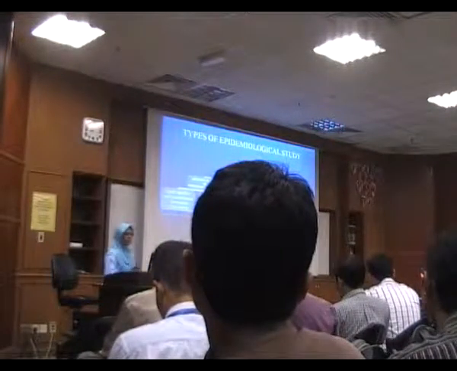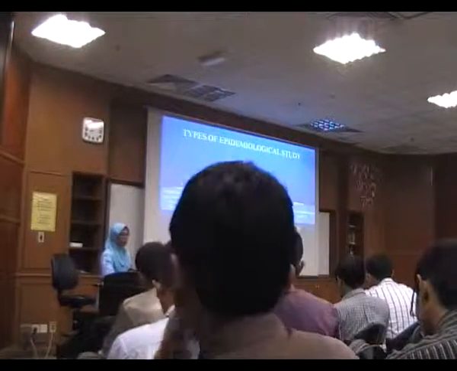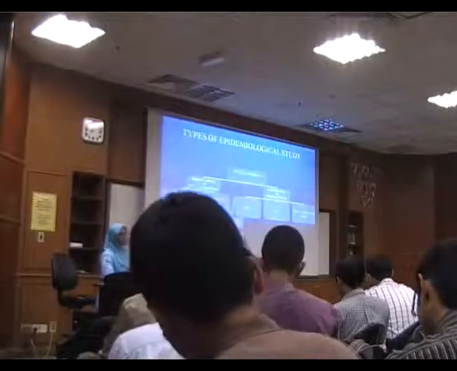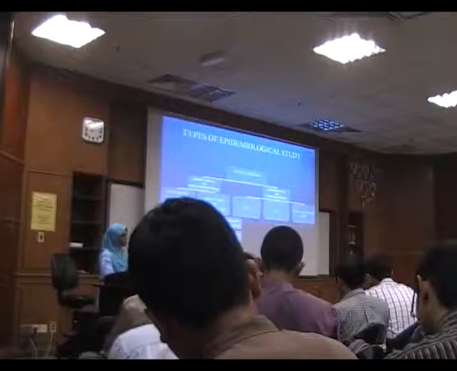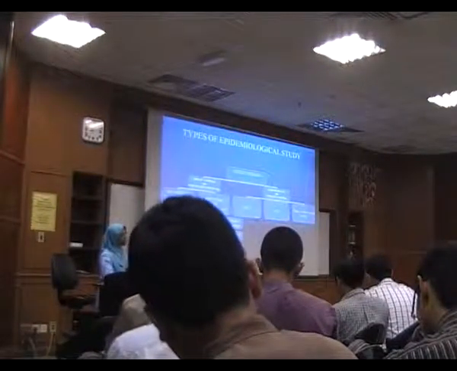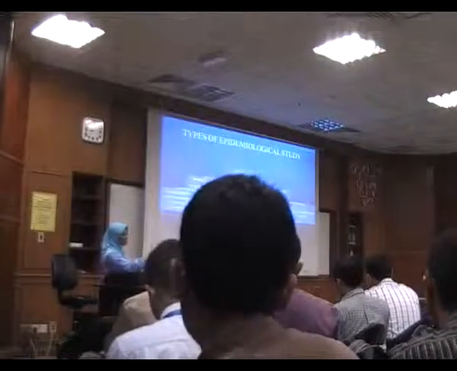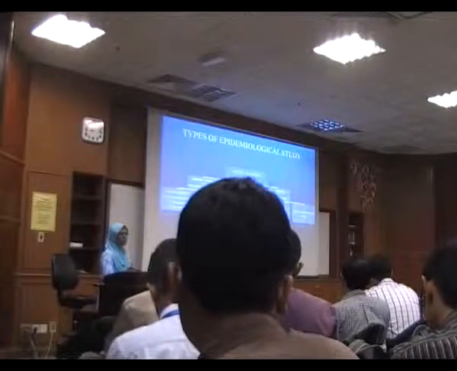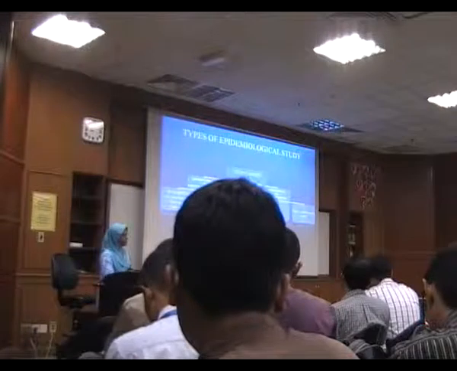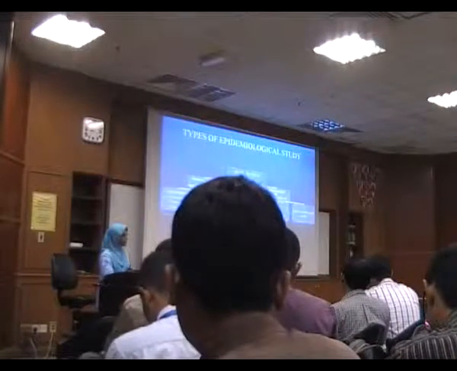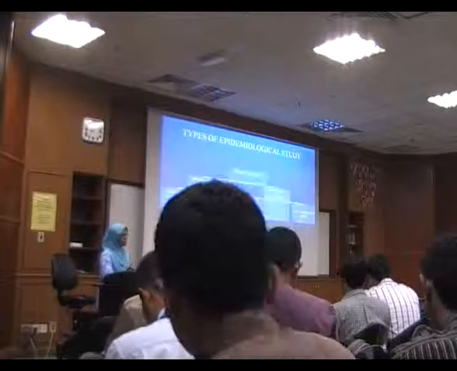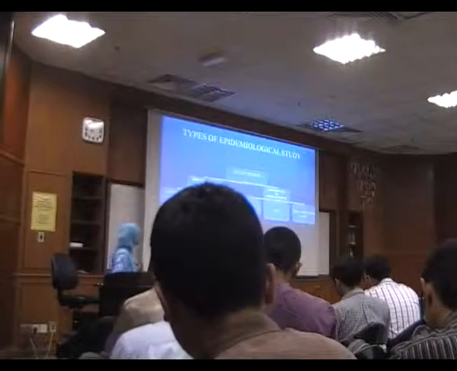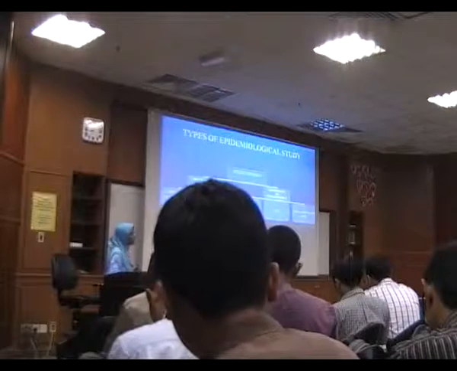Case control study, then comparative cross-sectional study. Actually the cross-sectional here is also descriptive, but when we try to compare, when we have the comparison group, then it becomes the comparative cross-sectional under the analytical research design. Another is cohort design. Cohort means we always try to find out the incidence.